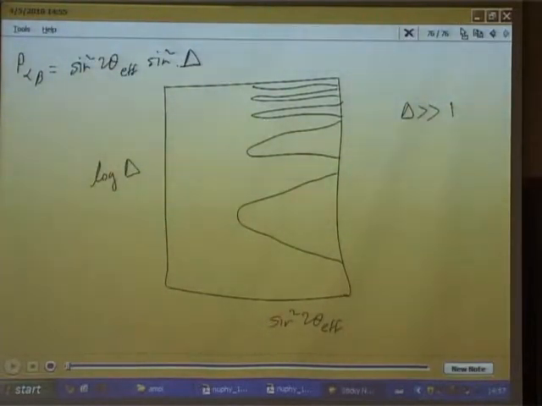So what happens at large delta? Remember delta is delta m square times L by 4E. So what effects come into play when you go to very large delta, which is like going to very large lengths?